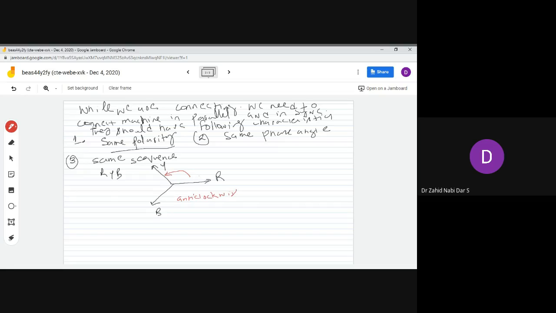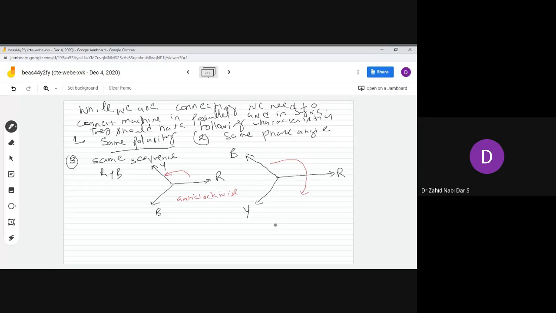Now if you have to write the sequence clockwise, the R will remain as it is, and this will become R, B, Y.